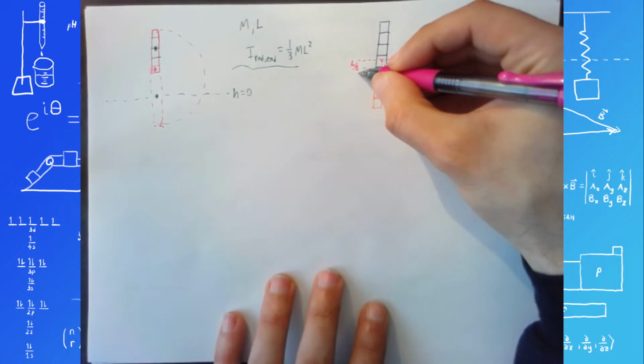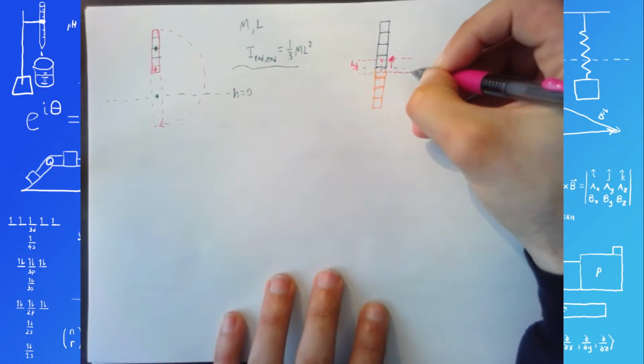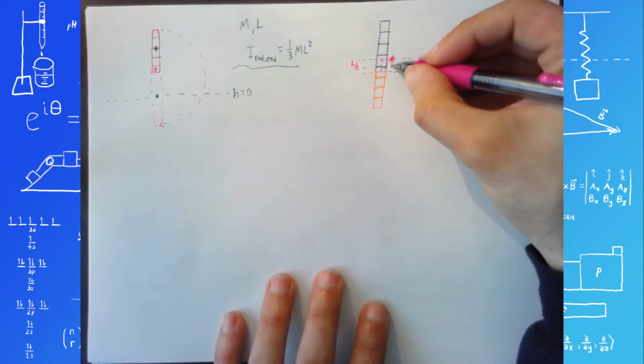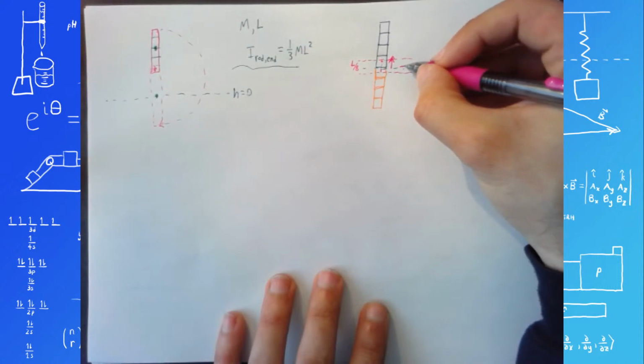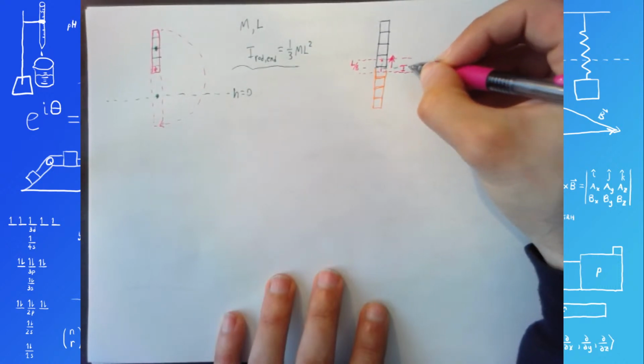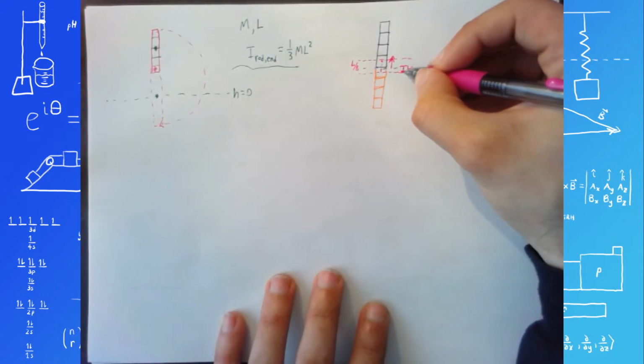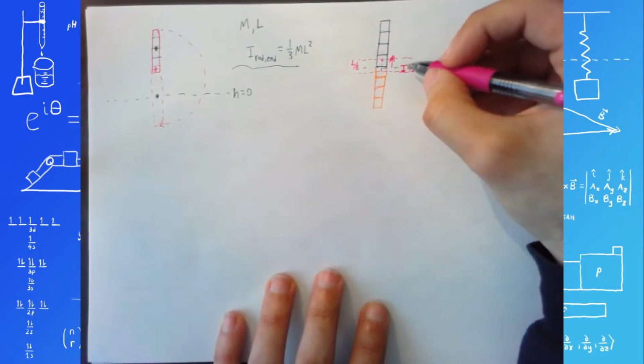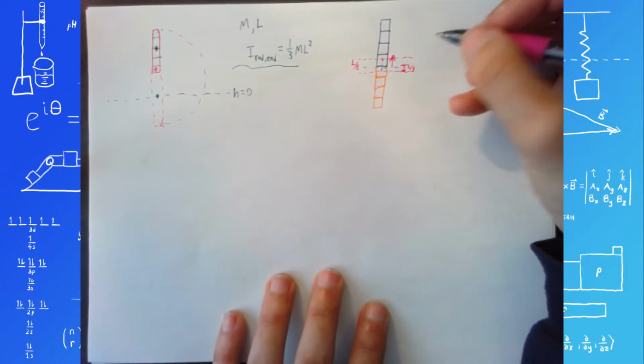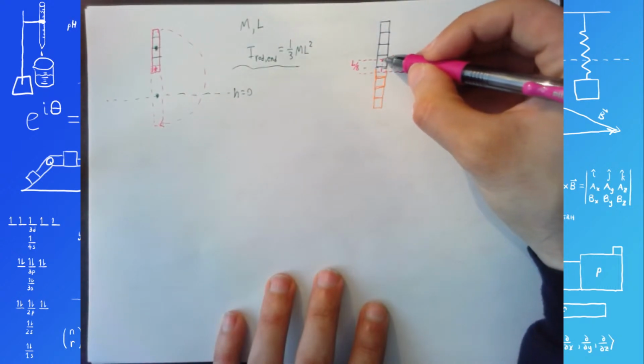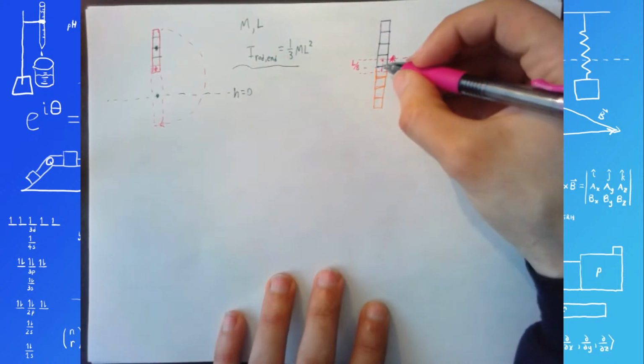And this height down here is another L over 8, which I drew pretty poorly. So overall, this first piece dropped by L over 4.